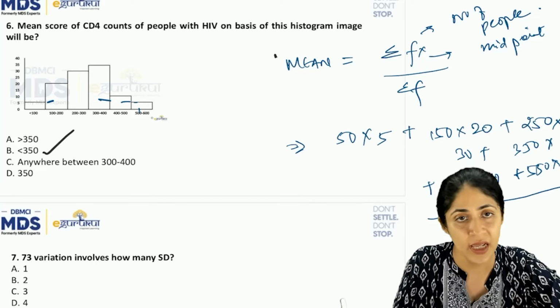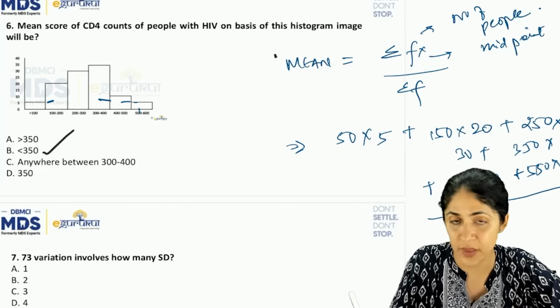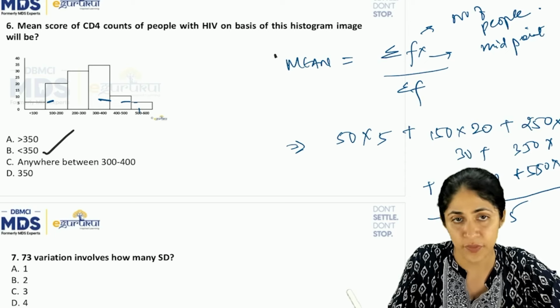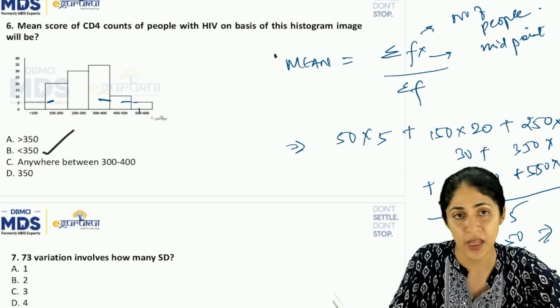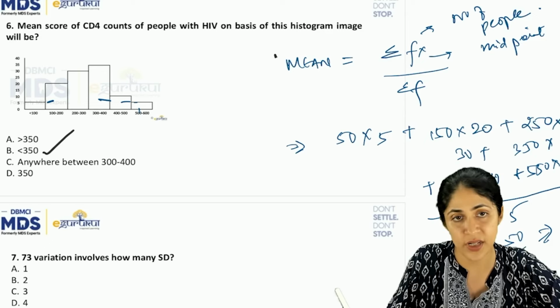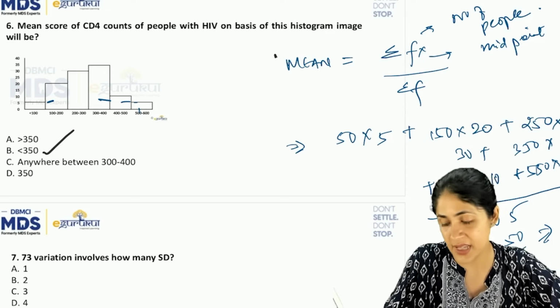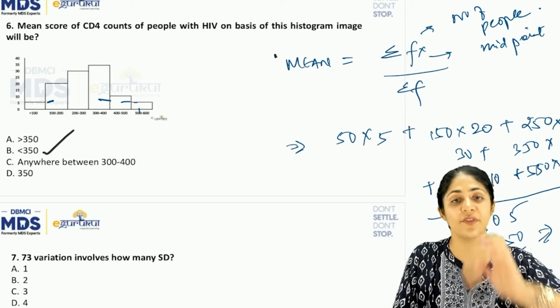So the total f will be how much? It will be 105. So what we'll have is 30250 divided by 105. This will make it 288.09. So the total is less than 350. So the answer is definitely B.